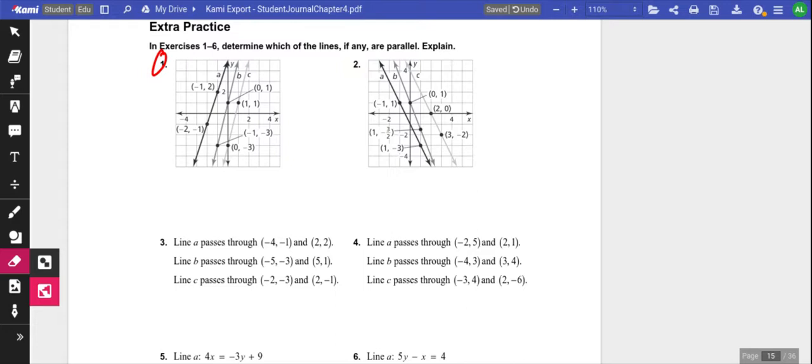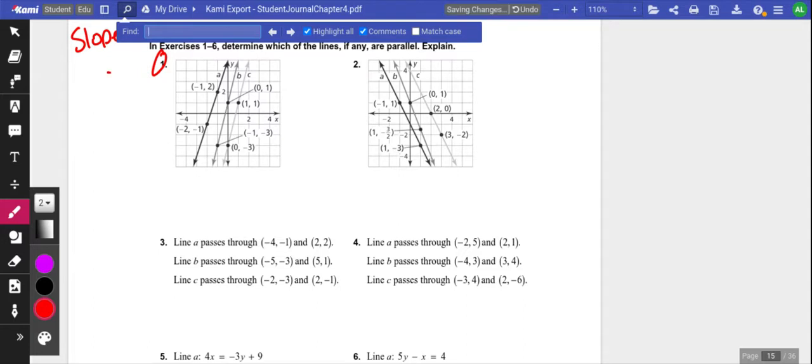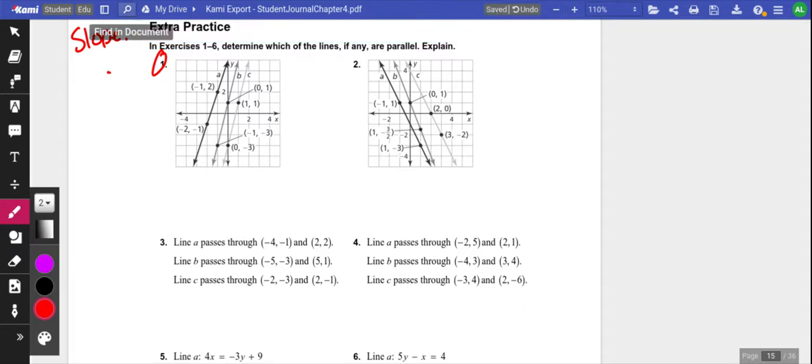Okay, so it's easiest where it gives us the graph like this because we can always do this. Let's look at our rise. We want to look at our rise over run.